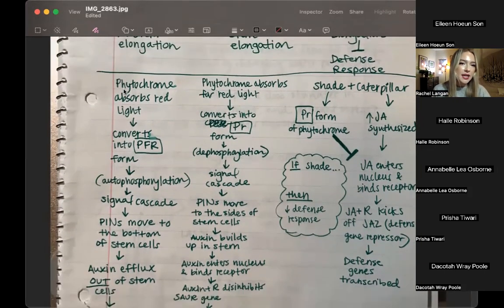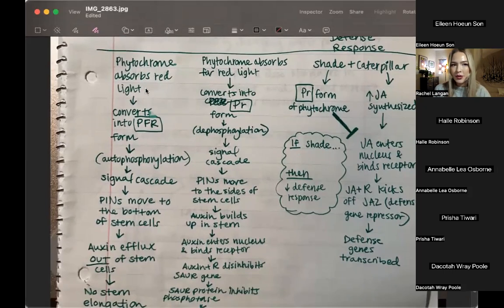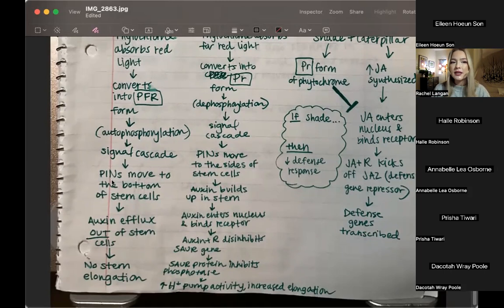In response to daylight, phytochrome is going to absorb red light, not far red light, and that's going to convert it to the PFR form. So the phytochrome autophosphorylates and converts to PFR. That's going to trigger a signal cascade that moves PIN proteins in those stem cells to the bottom.